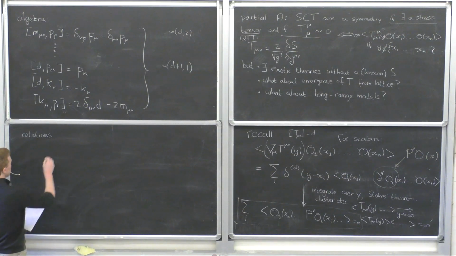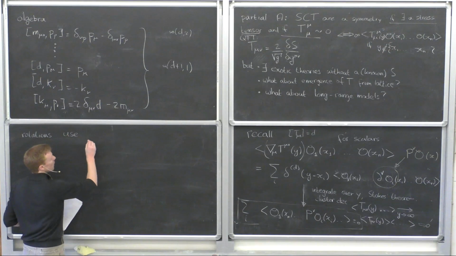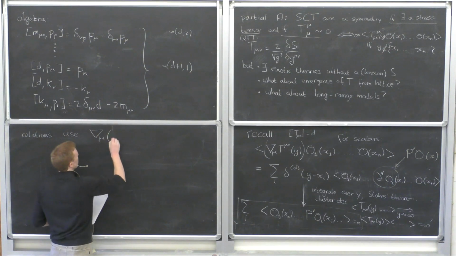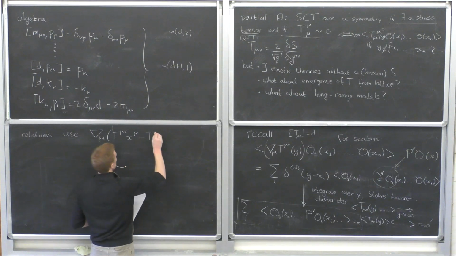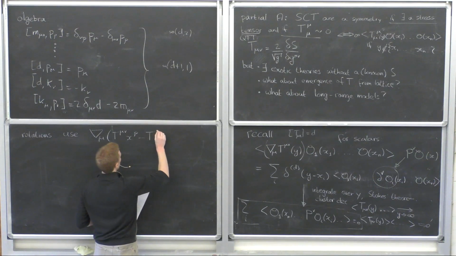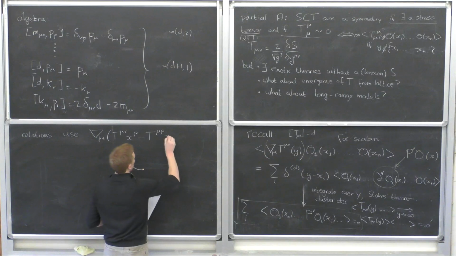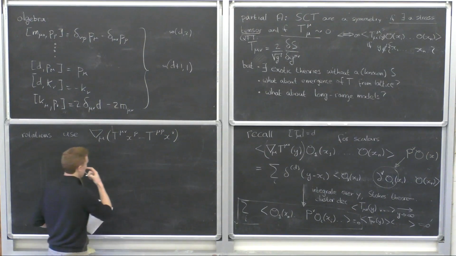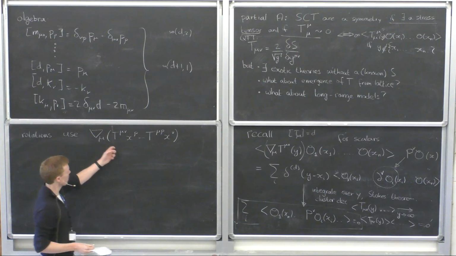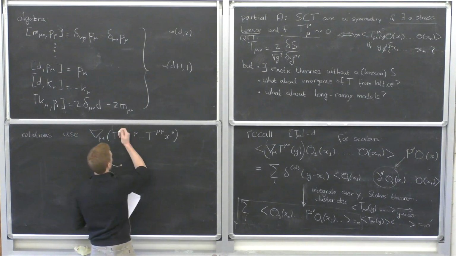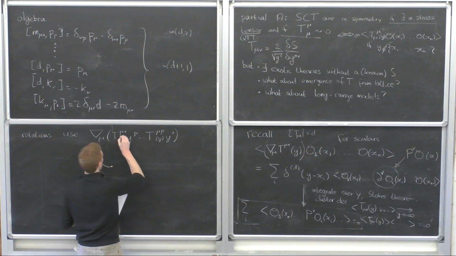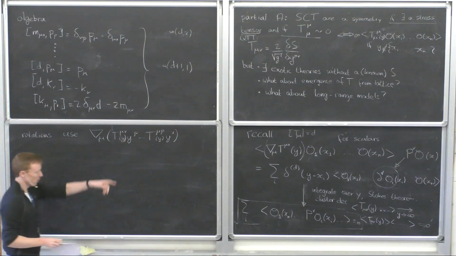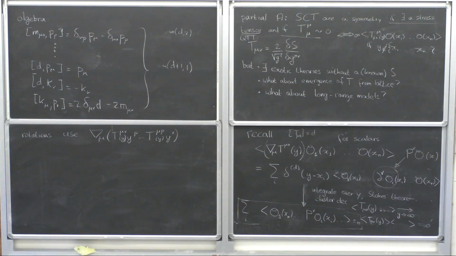But for rotations, you can use the same trick, which is ∂^mu (x^rho T_{mu nu} minus x^nu T_{mu rho}). This is now the thing that you are supposed to insert, and you do the same trick and you find rotational invariance.